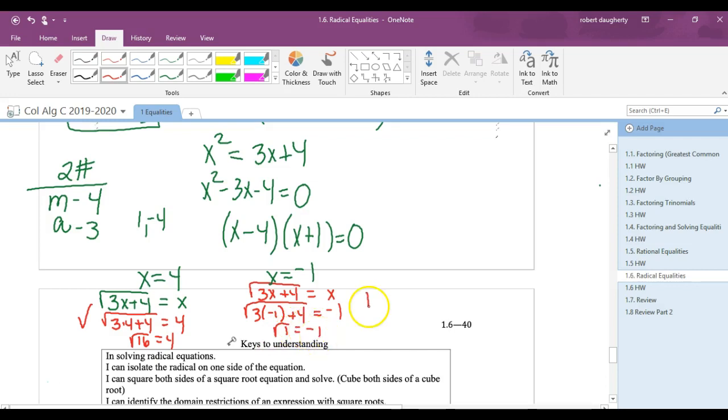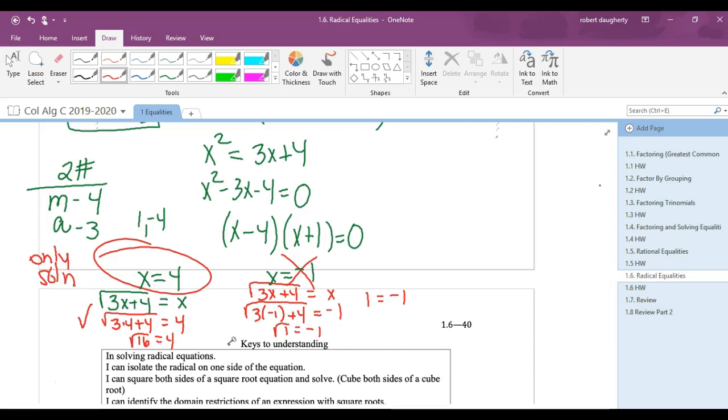Square root of 1. So this says that 1 equals negative 1. That is never true. So this cannot be a solution. On a problem on a test like that, I just need to make sure that you know that's the only solution. You can circle it and make it clear, or you could write, this is the only solution. Make sure that I know that you no longer think that's a solution.